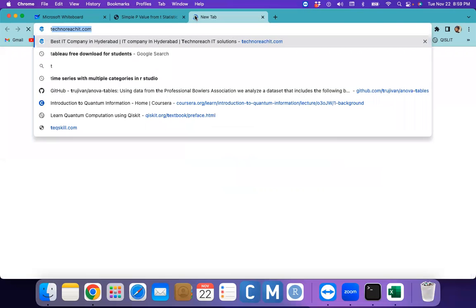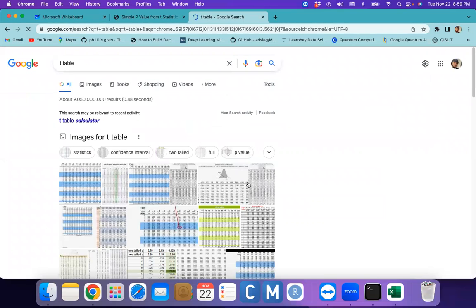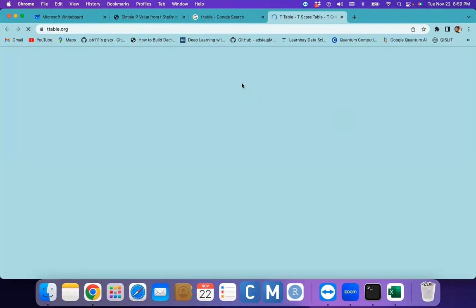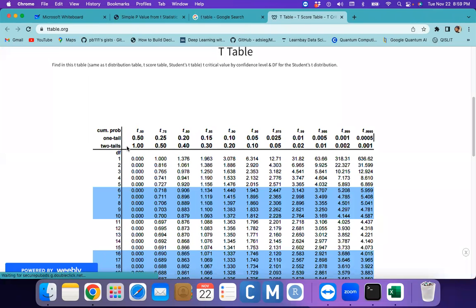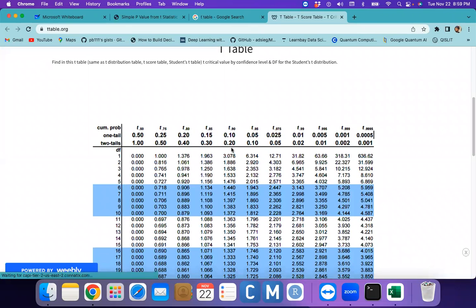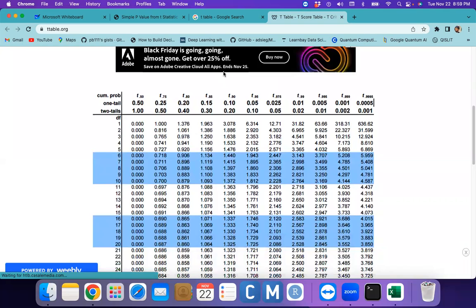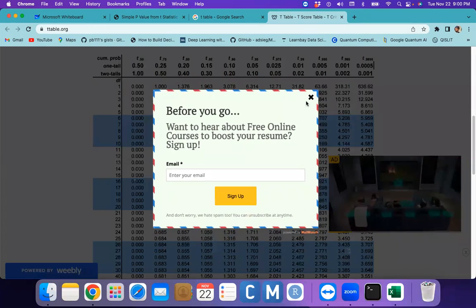Or else we have the T table. So when we have a T table, we just look at this one. Yes, it's a two-tail, right? So what is the T value?